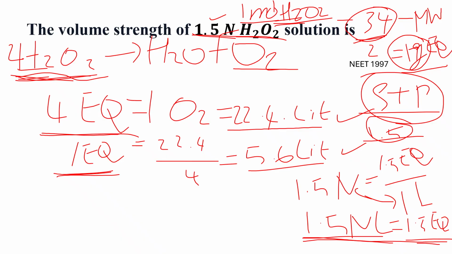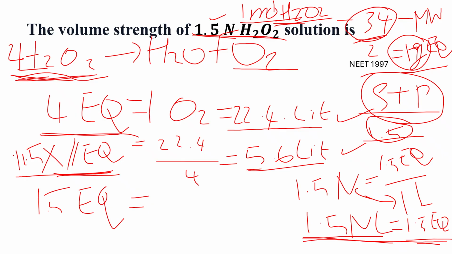To make one equivalent weight into 1.5 equivalent weight, you need to multiply by 1.5. 1.5 multiplied by 1 gives 1.5 equivalent. Then you need to multiply here also. So 1.5 multiplied by 5.6, it will give what? 8. This is the answer.